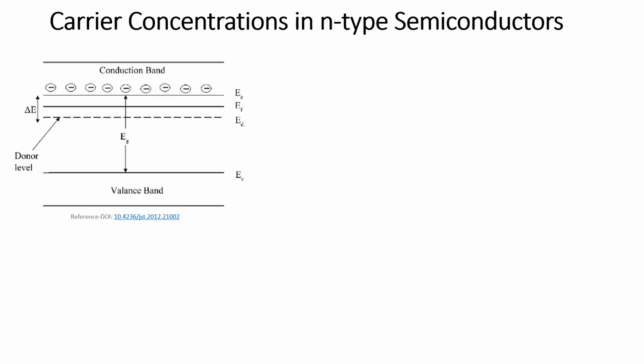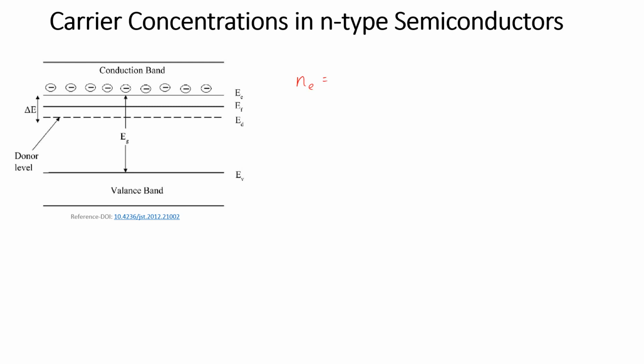So the starting point of this derivation will be what we have done in intrinsic carrier concentration. That is, we have calculated the concentration of electrons in the conduction band. So let us take that as the starting point and then proceed further. Let me write that equation.